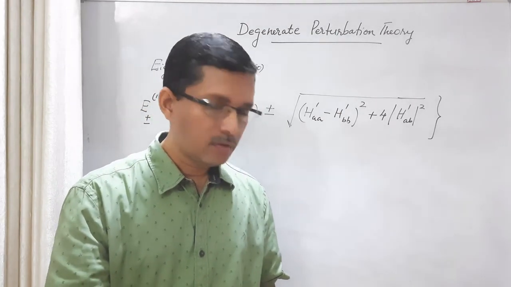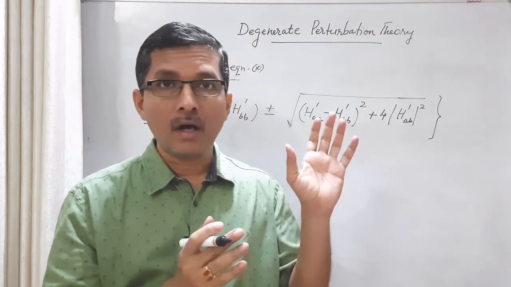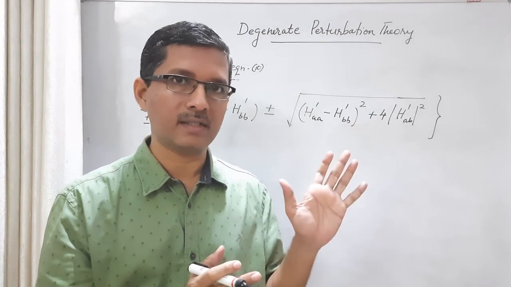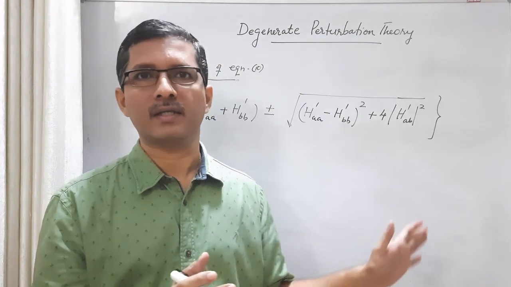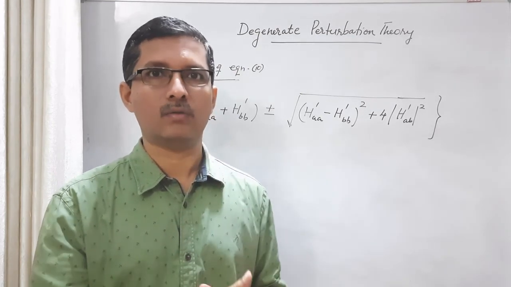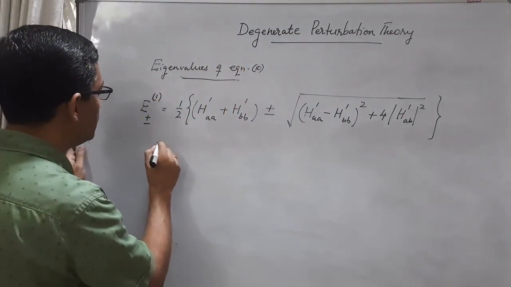Now let us ask the question, what happens if our original choices, psi A0 and psi B0, the original degenerate eigenstates, were the good eigenstates?